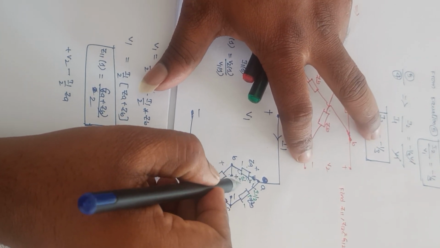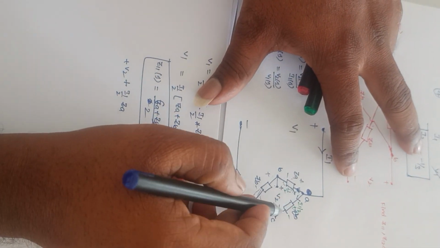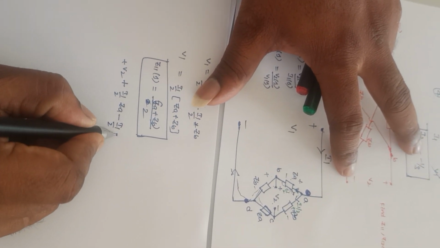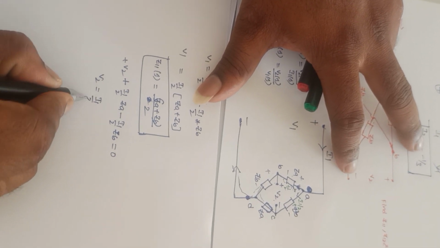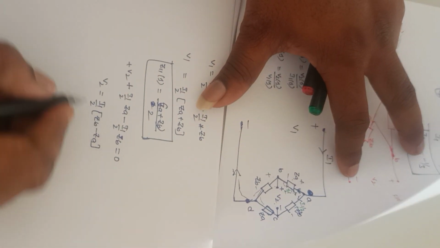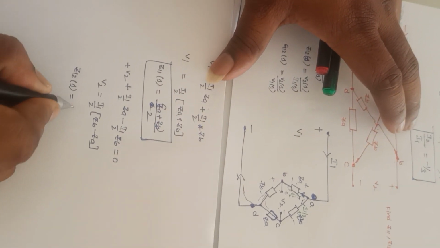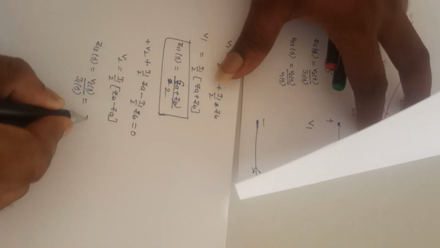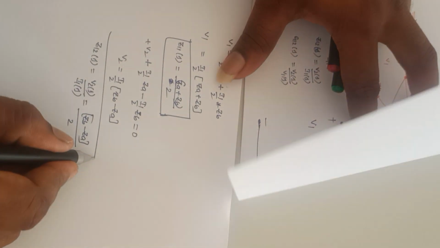So if I take the current leaving terminal here, it is plus I1 by 2 into ZA. For this one, the current leaving terminal, it is minus I1 by 2 into ZB, that is equal to 0. So V2 is equal to I1 by 2, taking it as common, ZB minus ZA. So Z12 of S is equal to V2 of S divided by I1 of S, that is equal to ZB minus ZA divided by 2. So this is Z12 of S.